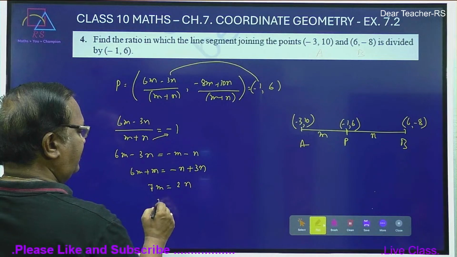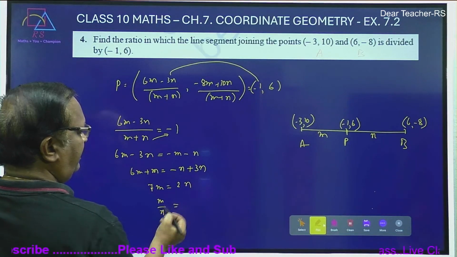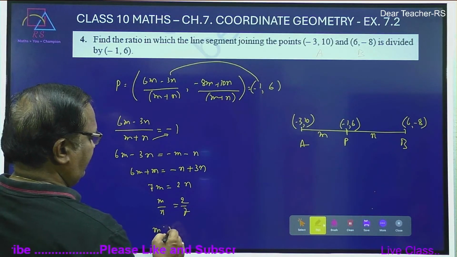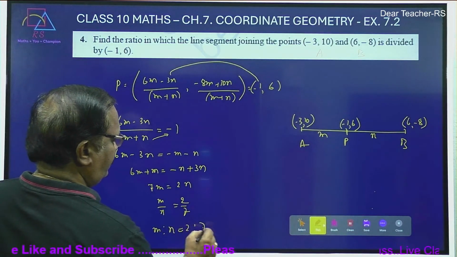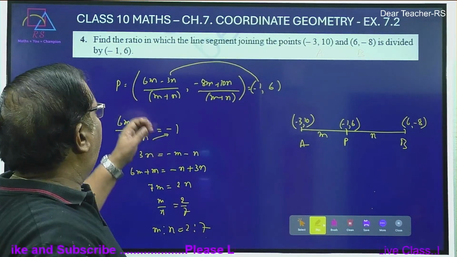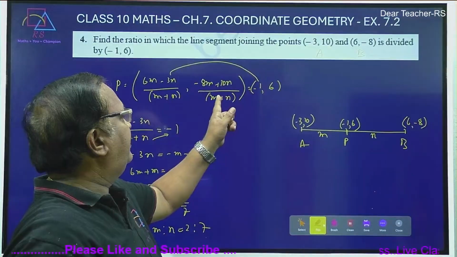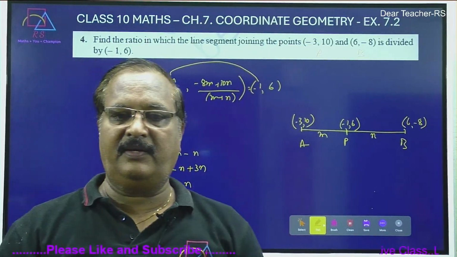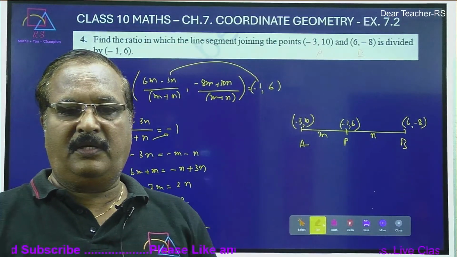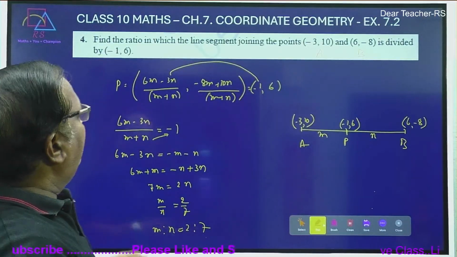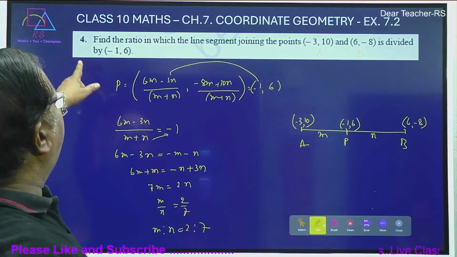Bring n here, m by n, take 2 there, 2 by 7. So m is to n is equal to 2 is to 7. If you take the y coordinate, this is equal to 6, you will get the same. Okay. So this is question number 4.